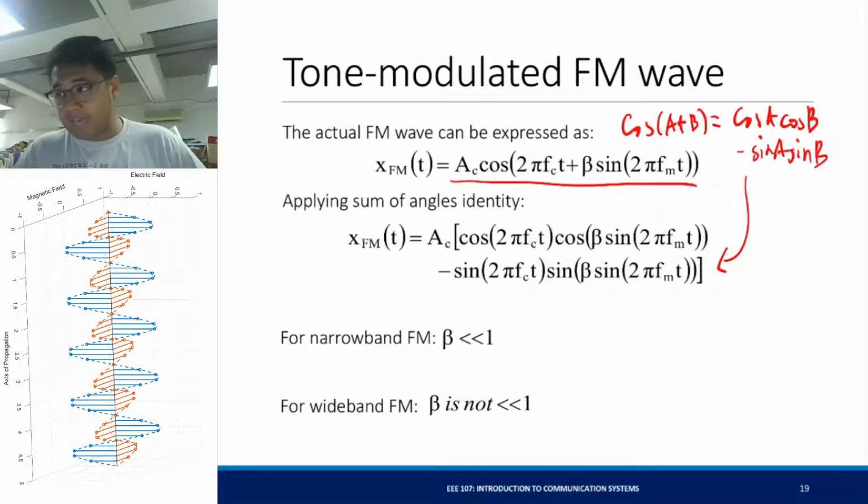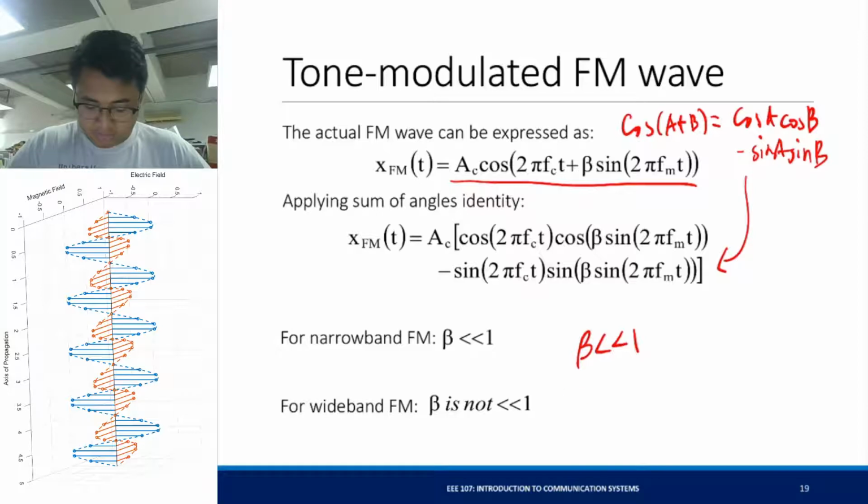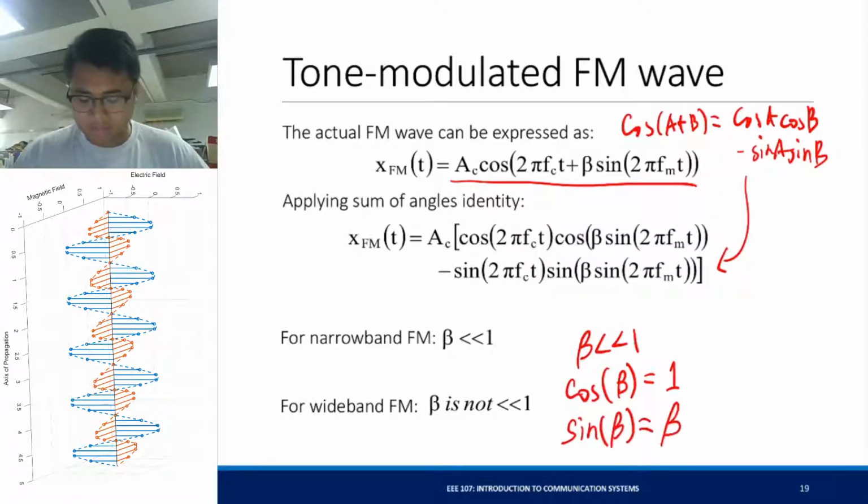And for narrowband FM, your modulation index is much, much less than 1. What happens if you do that? Your cosine, very small, will just be equal to approximately 1. The sine of something very small is approximately the angle.